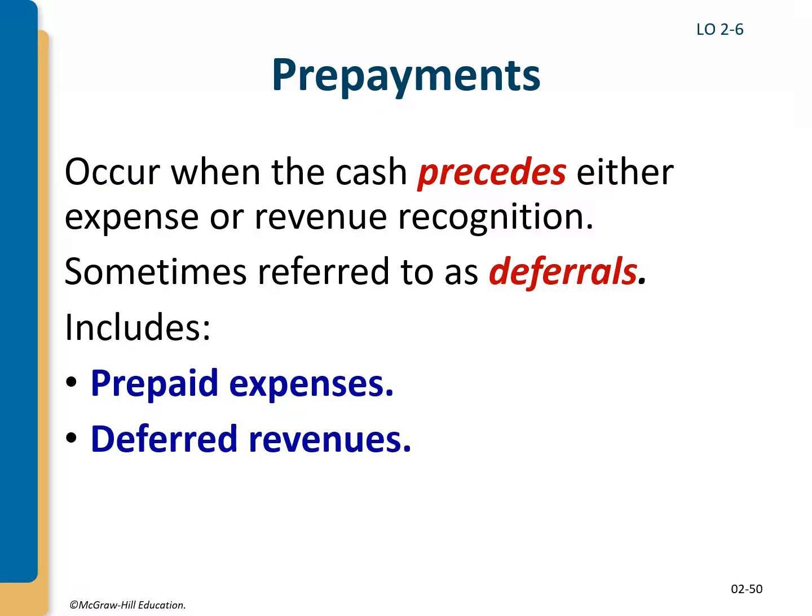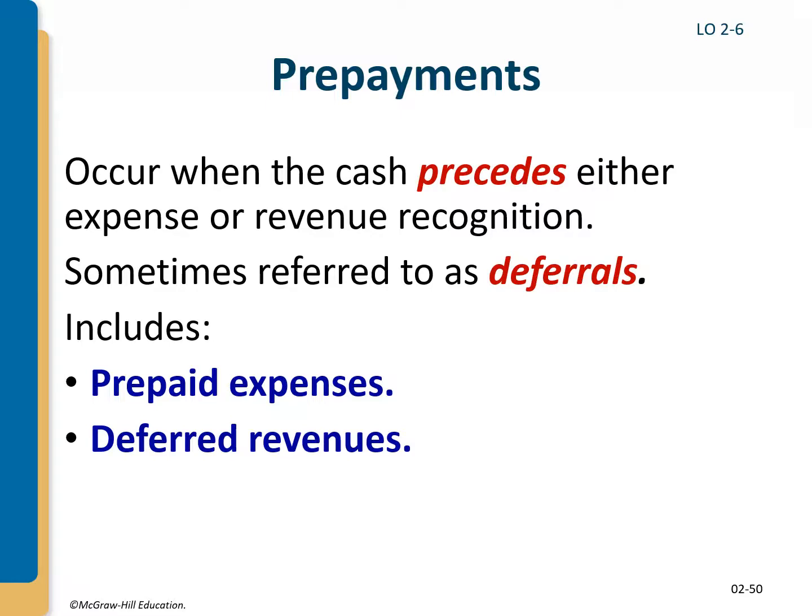This occurs when the cash precedes either the expense or the revenue recognition. What does this mean? Remember before, we prepaid rent. We paid for it before we received the service. So when we recorded that payment, we didn't put it in rent expense, we recorded it in an asset called prepaid expenses.